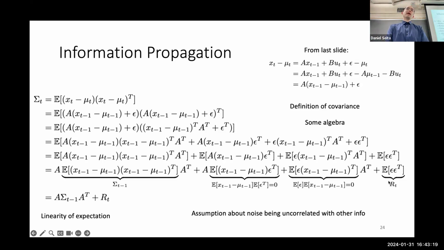We make the assumption that we've been using R to indicate this covariance matrix. And it's also zero mean, so when you write out the definition of the covariance, you get zero here. So that term becomes zero, then you get exactly what this is.